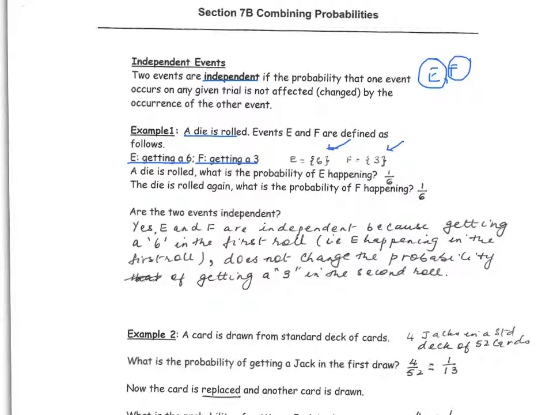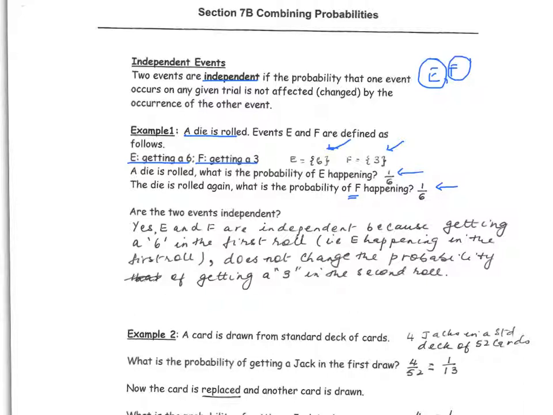E is the event of getting a 6 and F is the event of getting a 3. When a die is rolled, the probability that E happens is 1 out of 6. The probability of getting a 3, which is the second event, is also 1 out of 6.